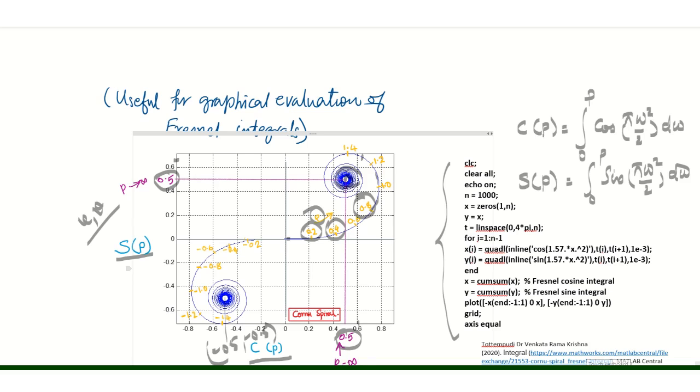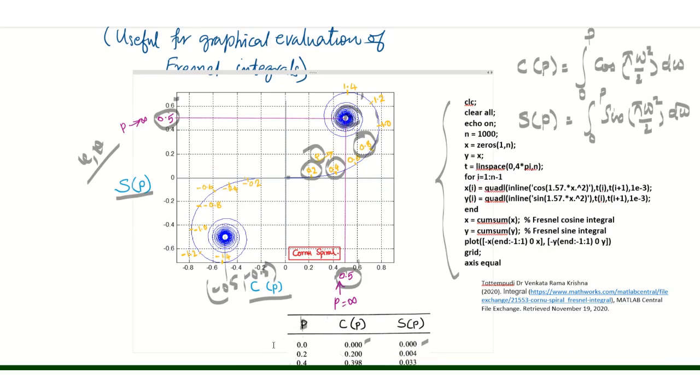You calculate CP and SP for different values. Let's take only one variable, V. You calculate CV and SV, and if you plot that, you get some oscillating function.